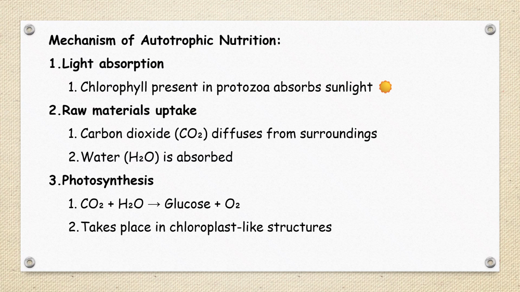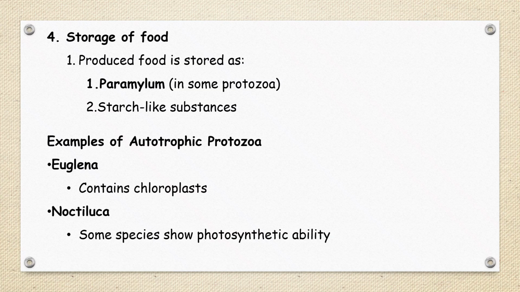With the help of these resources, they convert this into glucose, and oxygen is also released as a part of this process. Whatever food is formed as a part of photosynthesis is stored as either starch or paramylum. That is the most commonly stored food product we can observe in autotrophic protozoans.